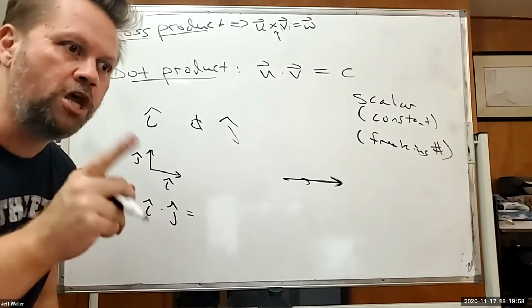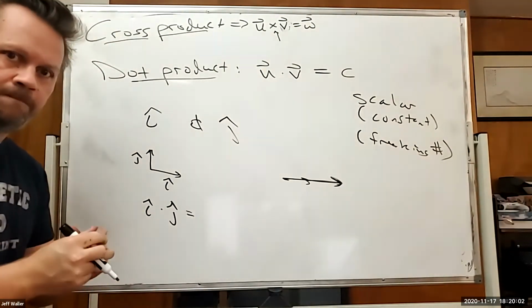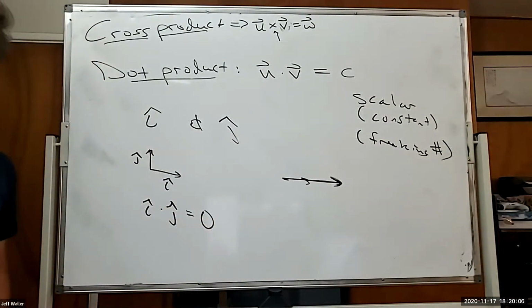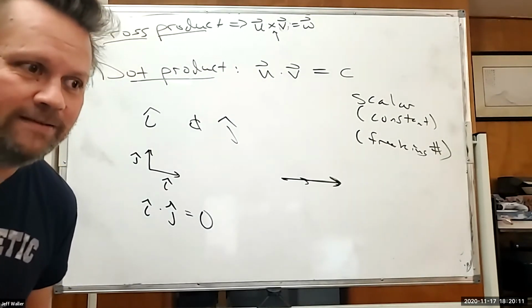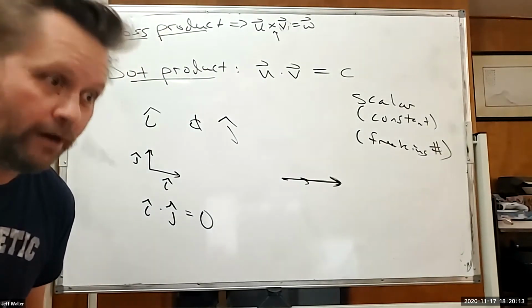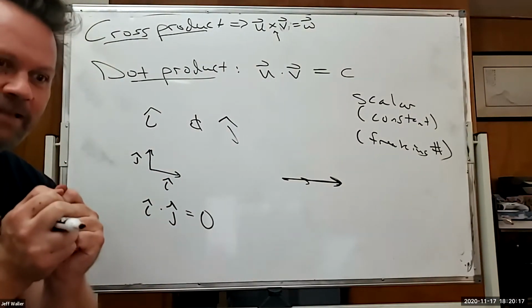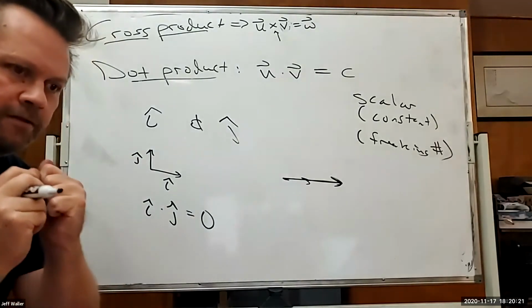No. So what's your gut tell you the dot product should be? 0. Heck yeah. You're like, I'm not used to my gut being right. But that's almost too beautiful to believe.